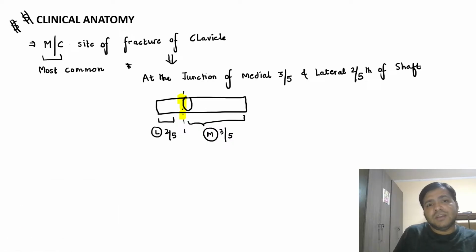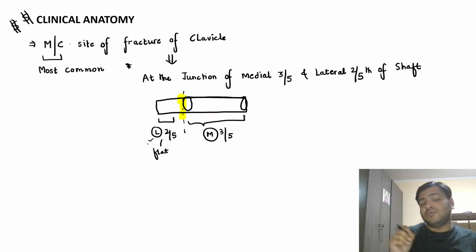You already know the medial 3/5 is more or less cylindrical in shape, right? And lateral 2/5 is flat. So basically there is a change of the shape. Cylindrical is a 3D shape, and the lateral 2/5 is flat, like a 2D shape. And when there is a change in the configuration of the shape, this place is the most common site of fracture. It's the weakest point in the entire clavicle, right?